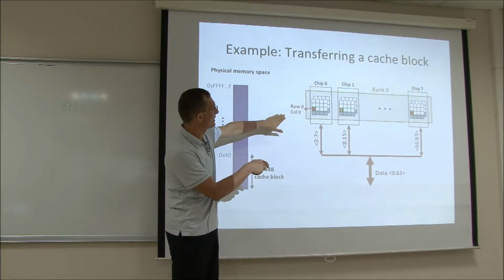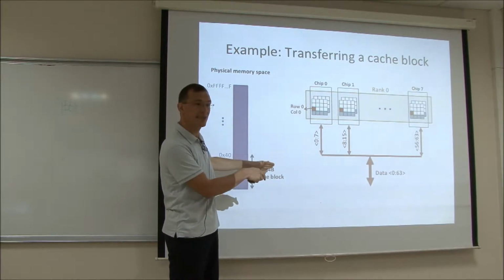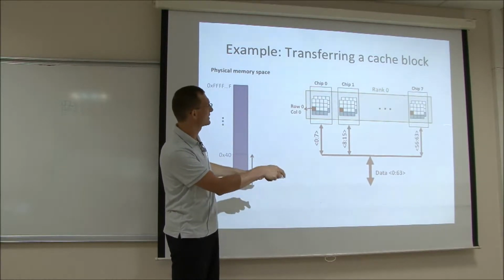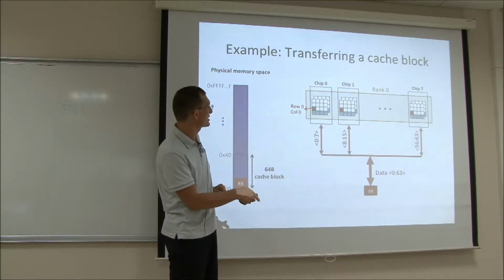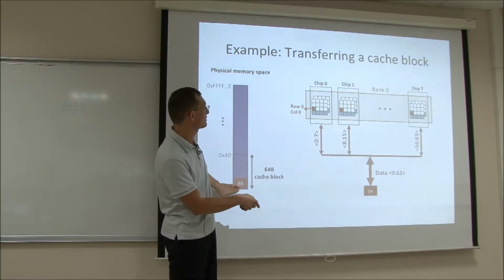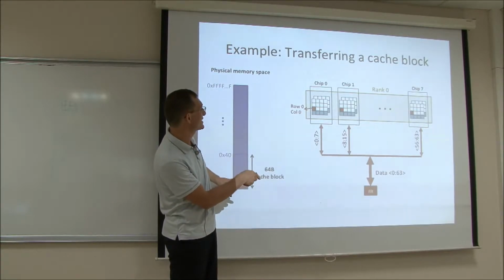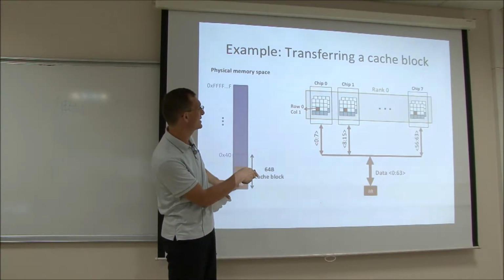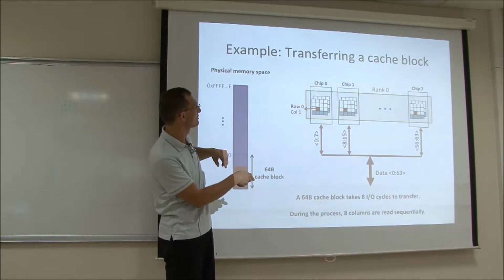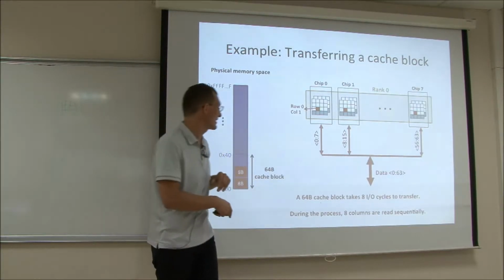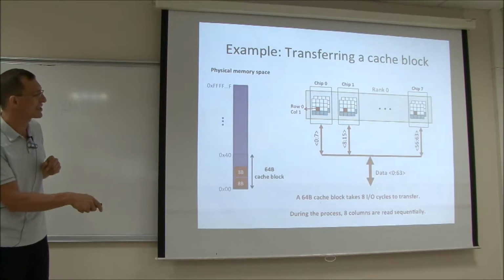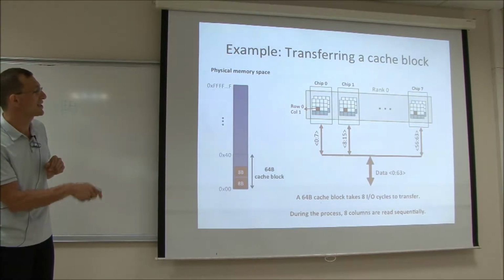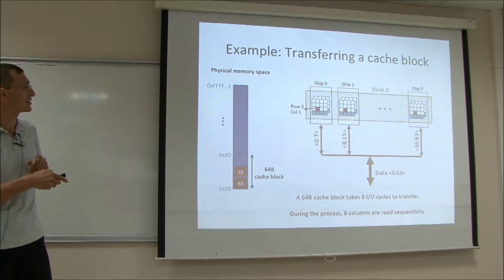Another chip maps the next 8 bits, another chip maps the next 8 bits, and so on. This is how we get 8 bytes of the cache block. The next 8 bytes are in row 0, column 1. The next 8 bytes are in row 0, column 2, right? Basically, a 64-byte cache block takes 8 bus cycles to transfer. During the process, 8 columns are read sequentially.